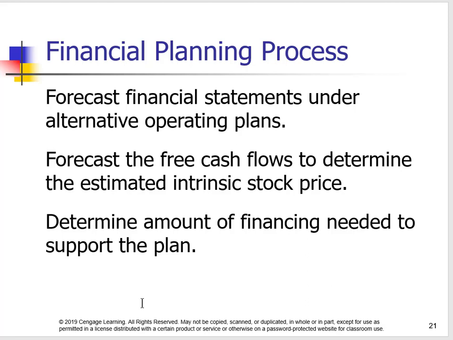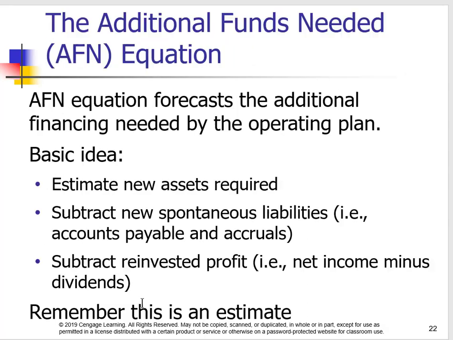So what if we just want to figure out how much financing we need to support a specific plan? So we have a tool or a technique. It's called the additional funds needed equation. The basic idea is we need to estimate the new assets we require.